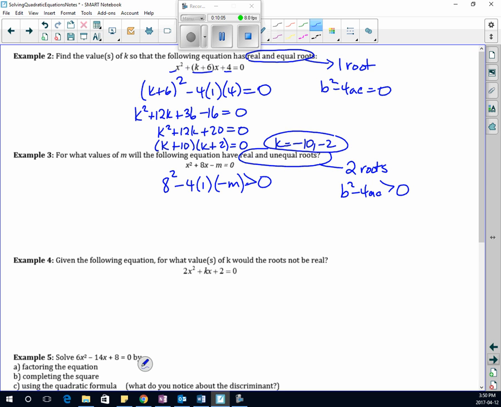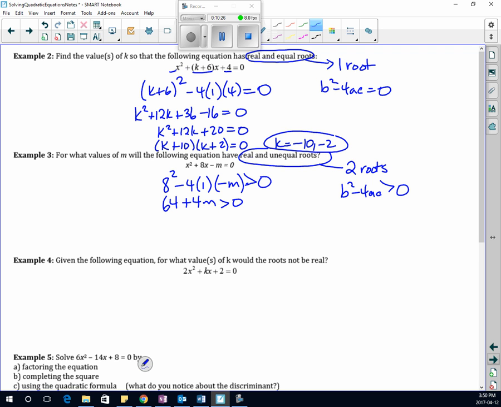So that means we get 64 plus 4m is greater than 0. I know it's been a while, but we learned how to solve this back in grade 9. So it's just like solving an equation. You just got to watch for, if you ever multiply or divide by a negative number, you got to switch the inequality sign.